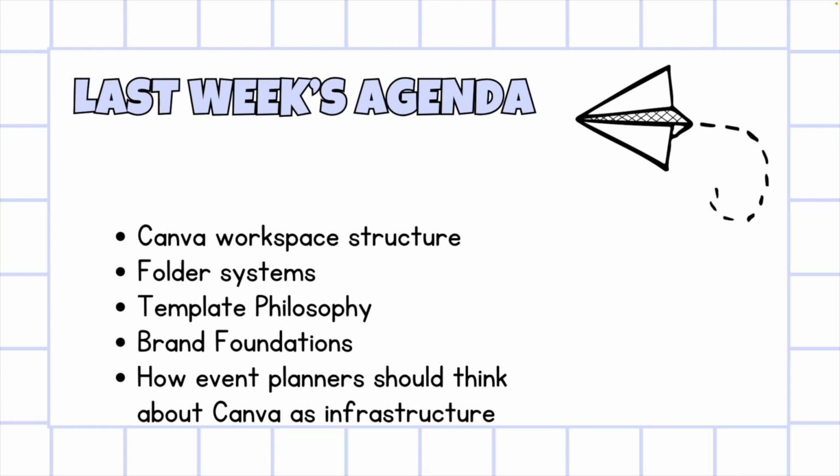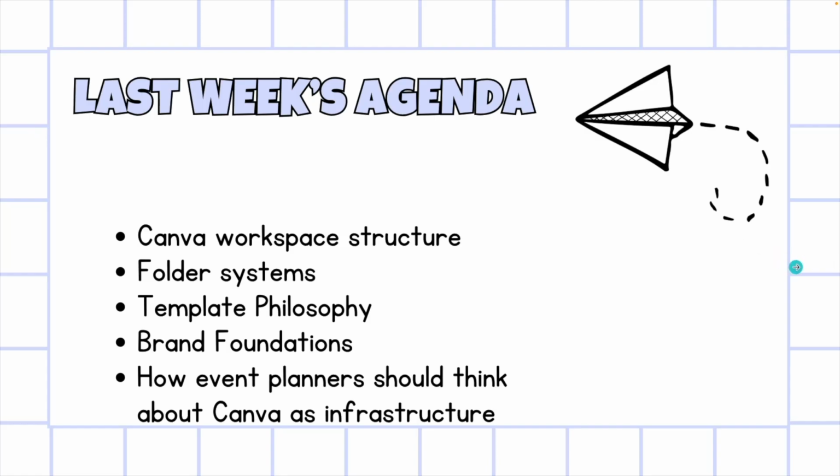Establishing your brand foundations, and ultimately seeing how Canva can be used as the infrastructure of your business and not just a design tool. If you want to see last week's video, there should be a little card or animation to see, but it is called Class One: Event Planning HQ.